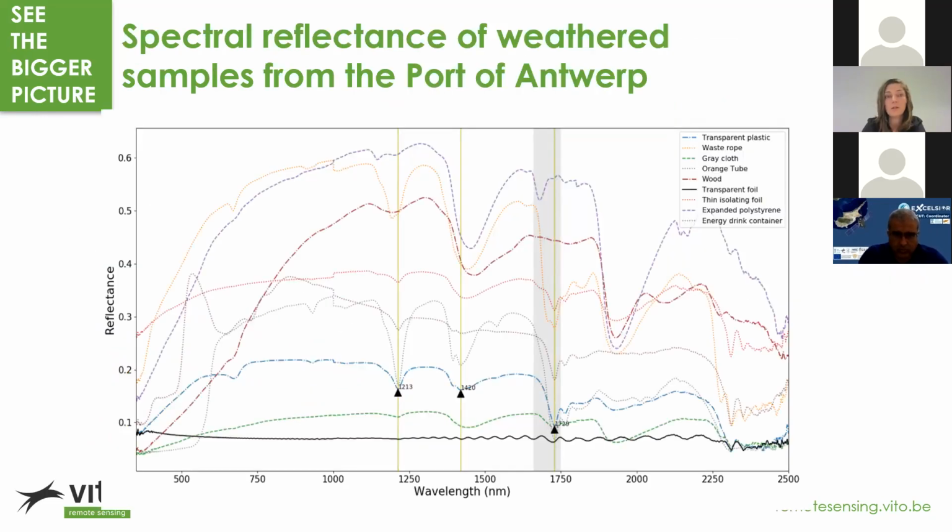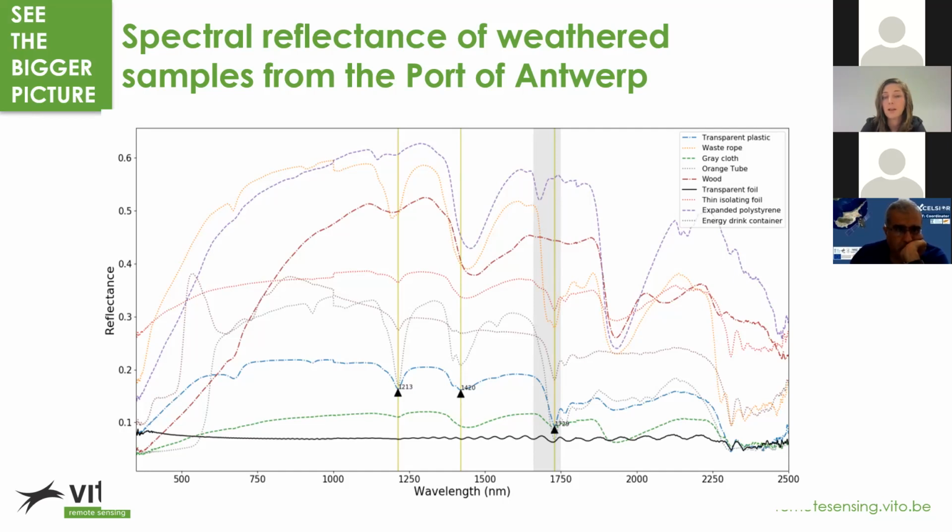Another example, these are the real weathered samples that we collected in the Port of Antwerp. You can see some transparent plastic reflectance, some ropes, wood, transparent foil, and so on. Again, in the shortwave infrared, we see the absorption features, for instance around 1213, and again around 1720, 1730.